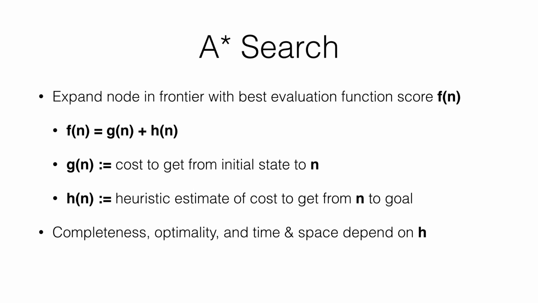So A star search does something very similar to what we did before, which is relying on this oracle. Instead of relying on an oracle, which is impossible, I mean, we don't get oracles in real AI problems. Otherwise it would be a lot easier to solve these things. What we can do instead is approximate these oracles.